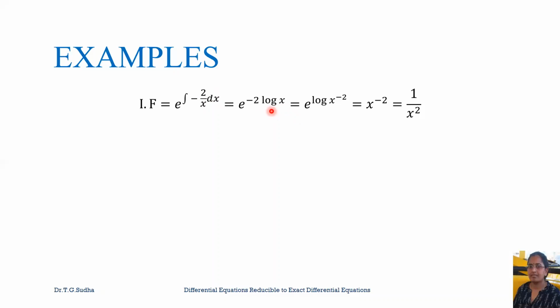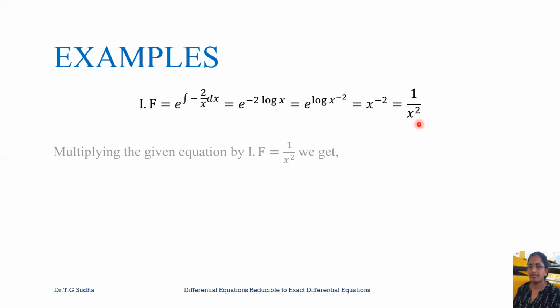So minus 2 log x in the power can be written as log of x to the power of minus 2. And we know that exponential and logarithmic functions get cancelled and we get x to the power of minus 2, and that is written as 1 by x square. Therefore, the integrating factor is 1 by x square.